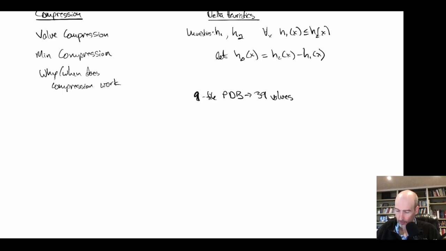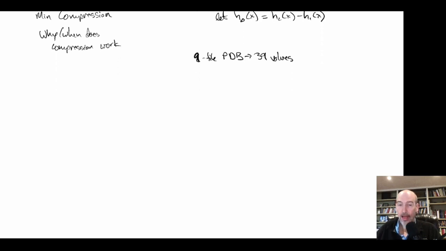If we look at the 9-tile delta PDB, delta to Manhattan distance, then we reduce this to 11 values. And if we do a 9-tile delta to the 8 PDB, then we get down to 6 different values.